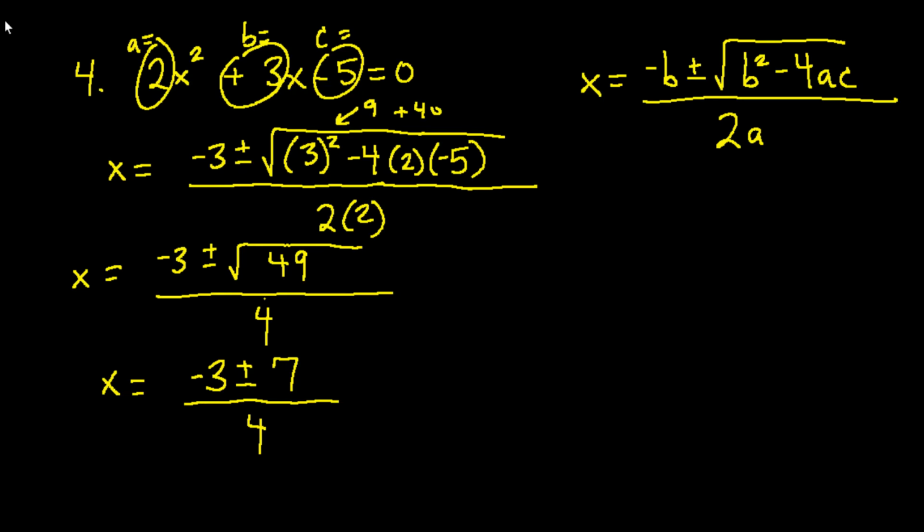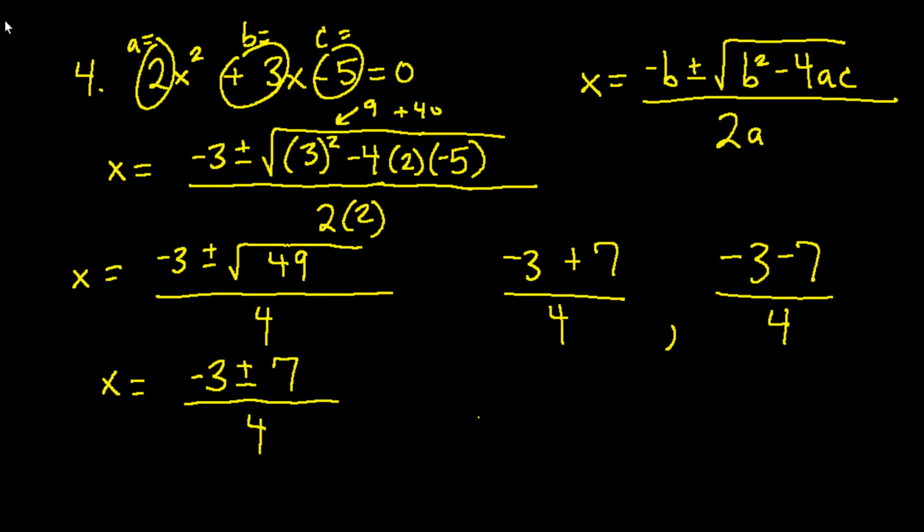We need to keep in mind that there's going to be two values in the numerator, negative 3 plus 7, and the denominator is 4, and negative 3 minus 7, and again the denominator is 4. So these are two different solutions. We just got to figure out what they are.